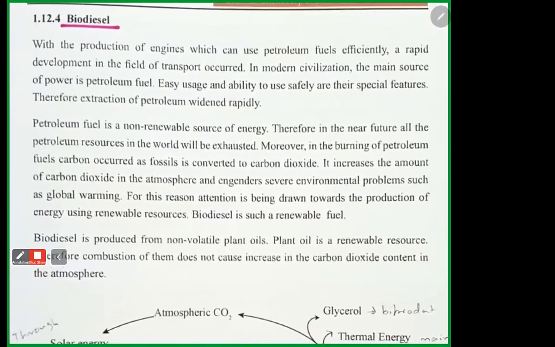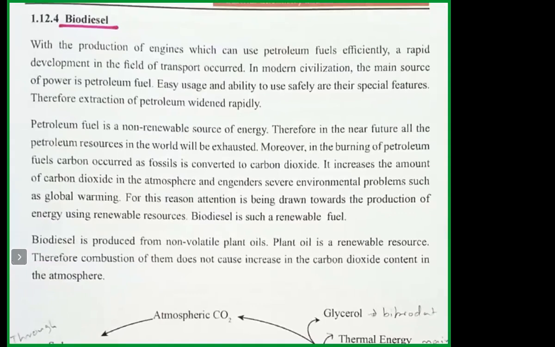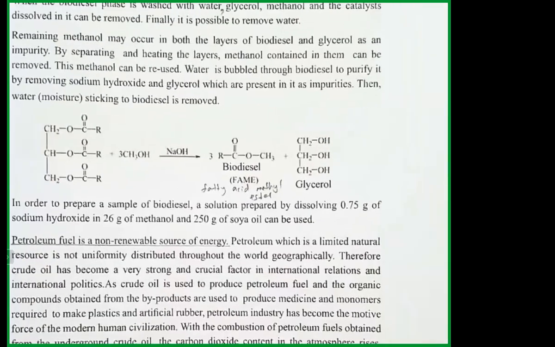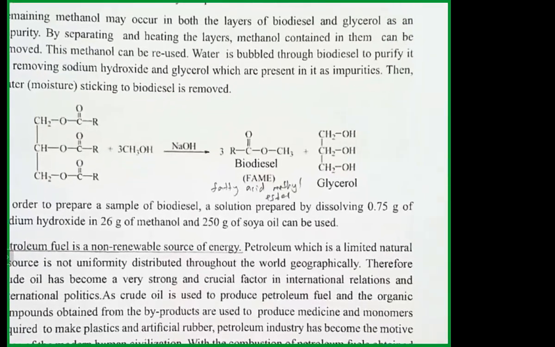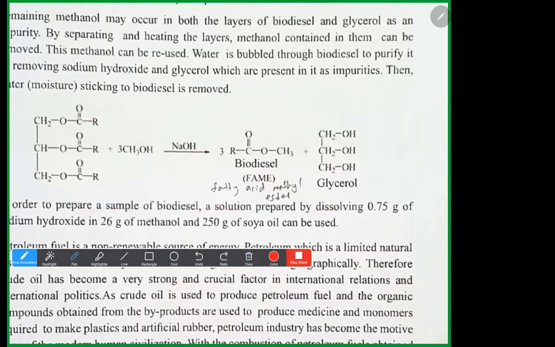All right, this is again something they have newly added to this syllabus, and this is the equation for biodiesel. See the difference. Let's say this is not there, and then you're having this sodium here. What is this? This is the production of soap.